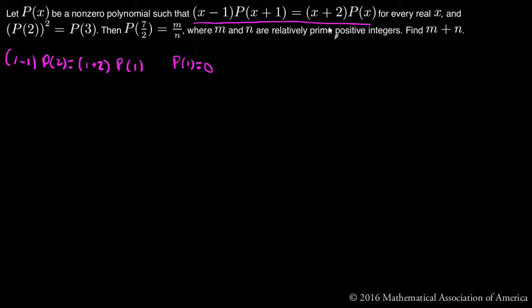Similarly, when I put in negative 2 here, I will get negative 2 minus 1 times p of negative 1 equals negative 2 plus 2 times p of negative 2. Negative 2 plus 2 is 0, so that means that p of negative 1 must be 0.